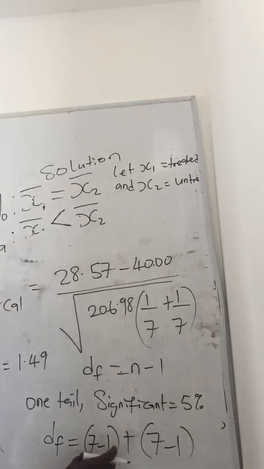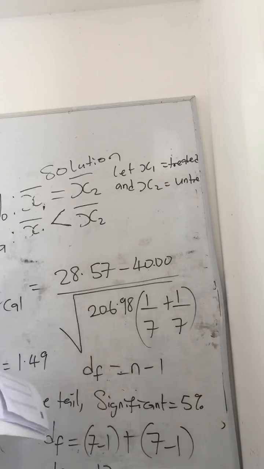So put all together, the degree of freedom is equal to 12. And it is one tail, degree of freedom 12, and 5% significance.